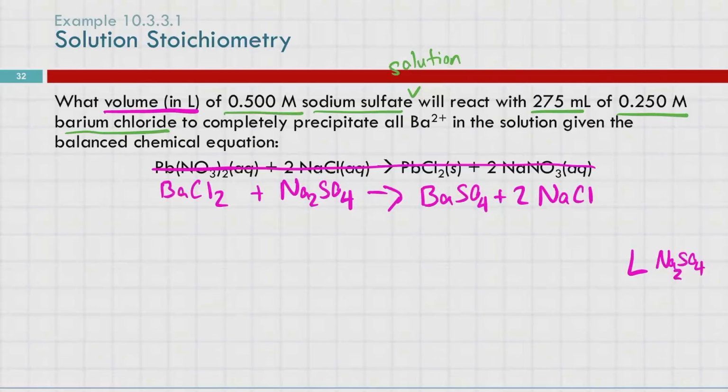All right, we're finding liters of sodium sulfate, Na2SO4. Do we have anything else related to Na2SO4? We've got this concentration. What can we use that for?